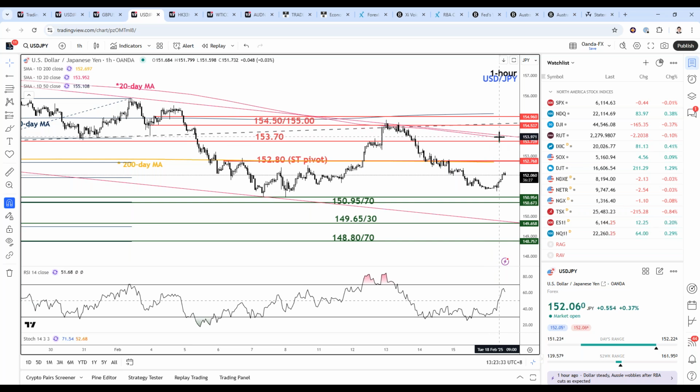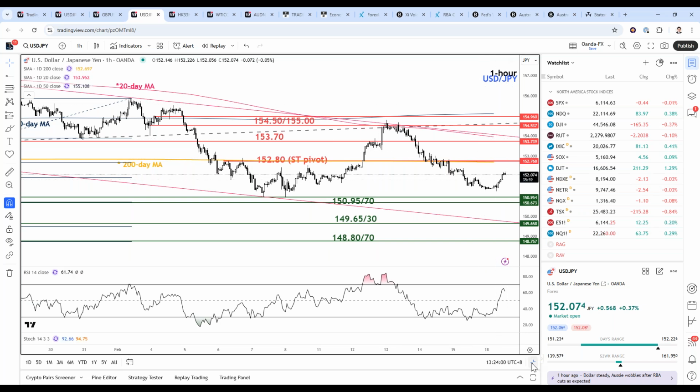A breakout above 15370 potentially sees a much more pronounced minor mean reversion rebound to retest the 50-day moving average, confluencing at the next resistance zone at 15450/155 figure level. Okay, so that's for the dollar yen, using 15280 to maintain that intraday bearish bias in any potential bounces.